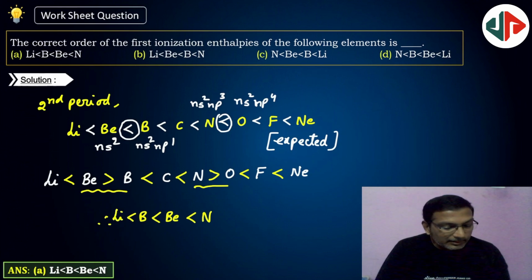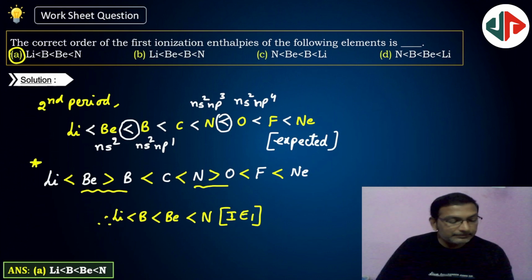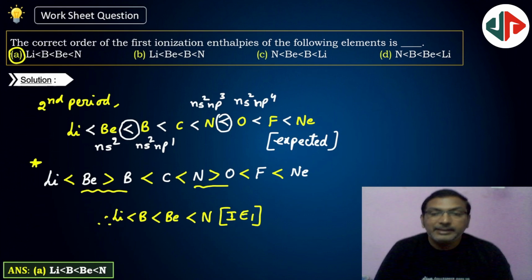This is the increasing order of IE1, first ionization energy, for option A. Remember this order, very, very important. Beryllium to boron, nitrogen to oxygen, ionization will be reversed. That is based on configuration. Beryllium has completely filled orbitals and nitrogen half filled orbitals.